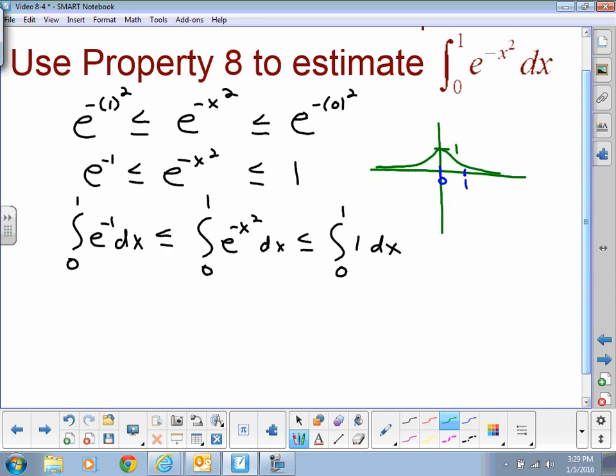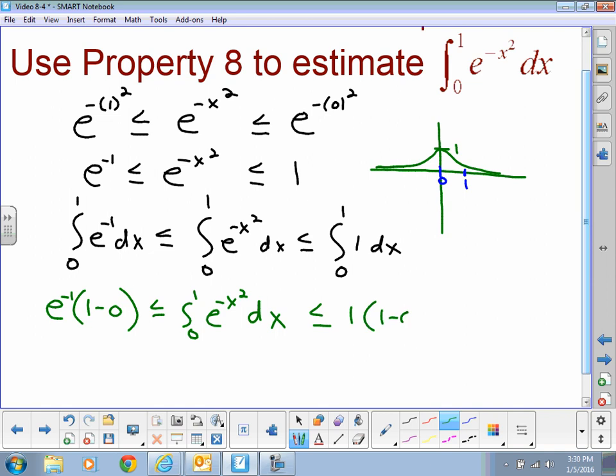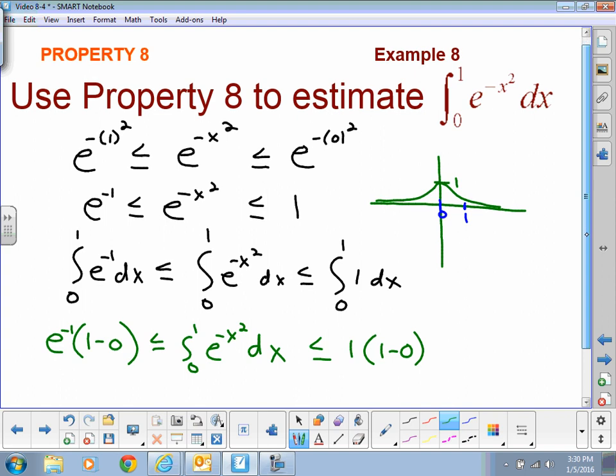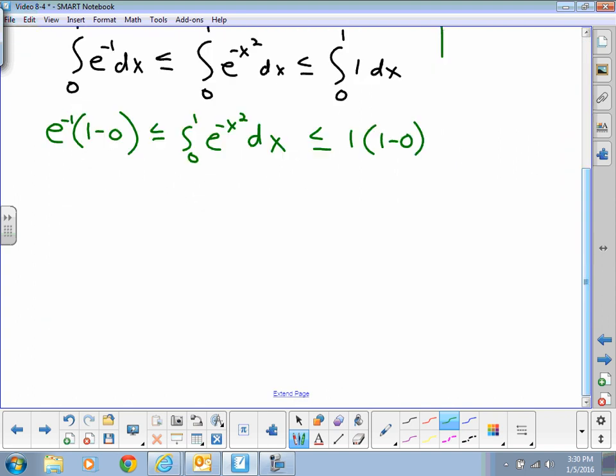So when we do the definite integral of a constant, because e to a number is just a number, it's a constant, we'll do our constant times b minus a. That needs to stay less than or equal to the integral from 0 to 1 of e to the minus x squared dx, which is what we're trying to approximate. And this will be 1 times our b minus a, 1 minus 0. And again, the middle is what we're trying to approximate there. Well, 1 minus 0 is 1, so this is just e to the negative 1.